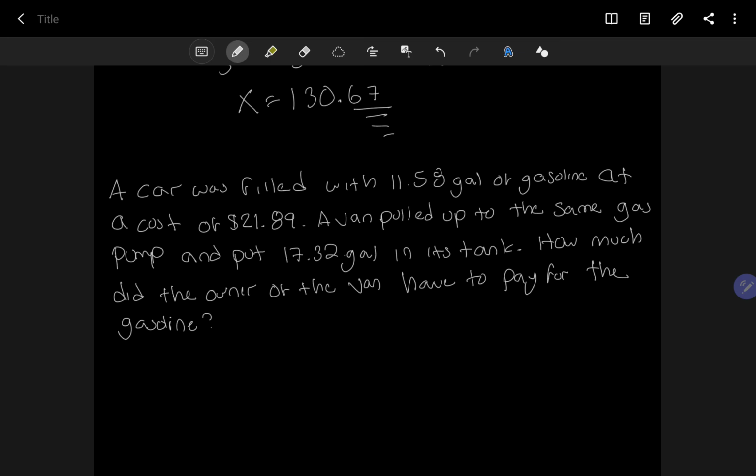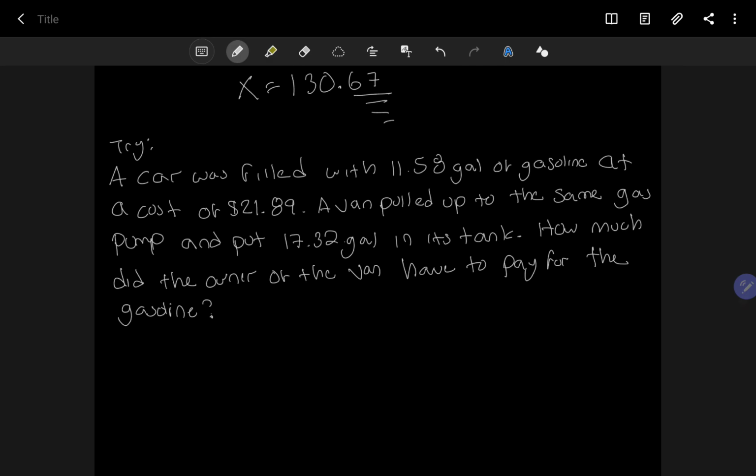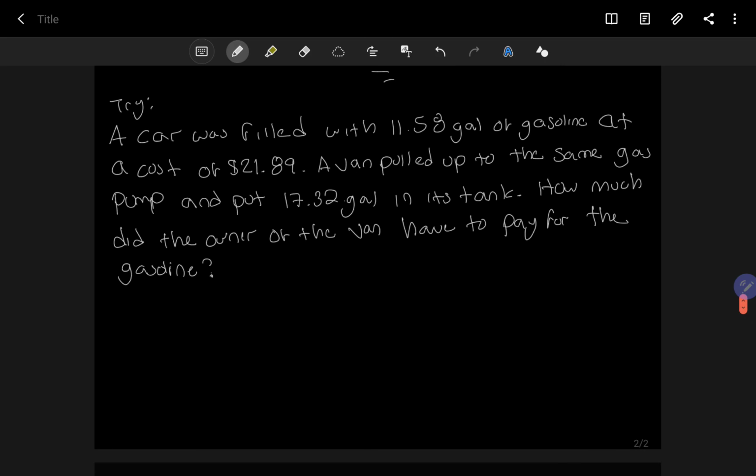Alright, so for the following problem, just give it a try. Okay, in this case, let's think about it. We have 11.58 gallons of gasoline at 21.89.